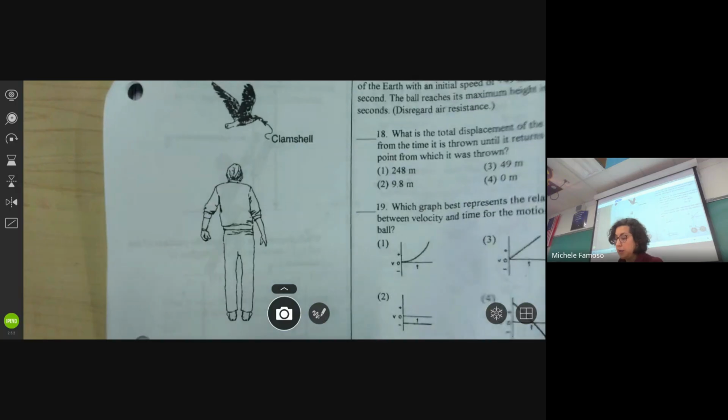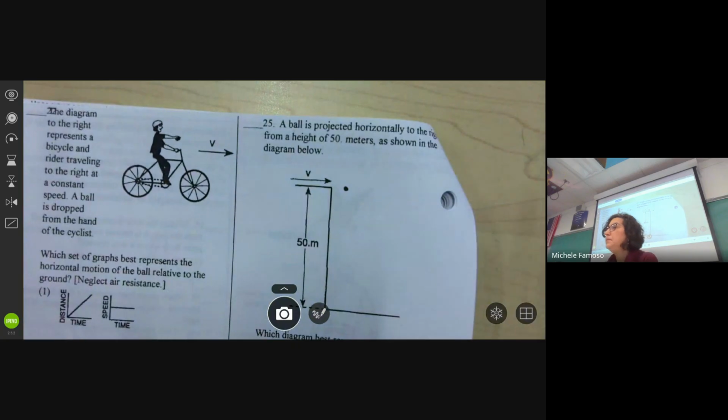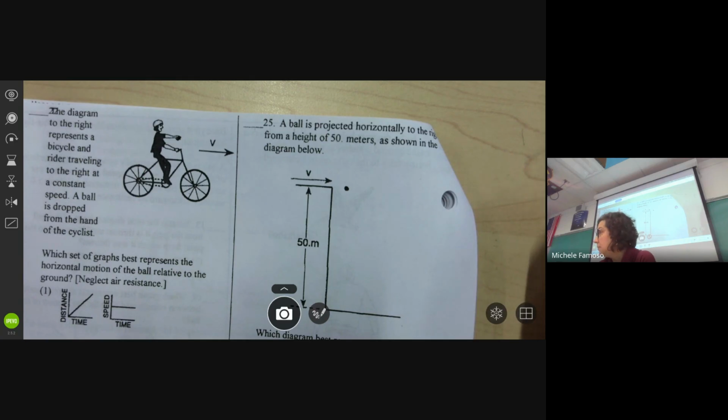No? All right, let's look at the next two pages through question 28. Anything you want to ask about through 28?